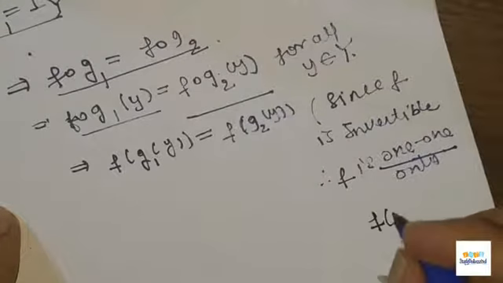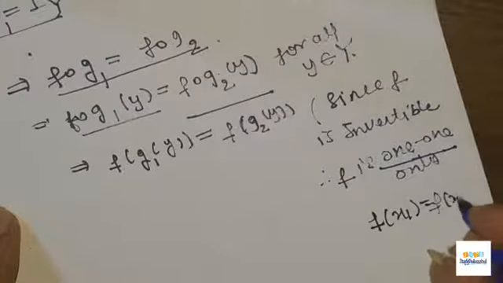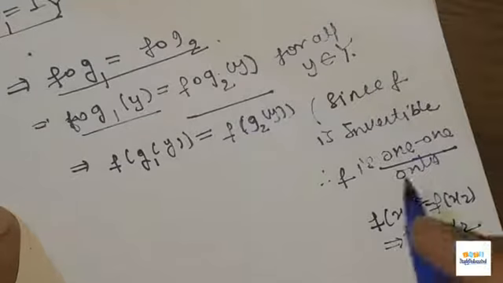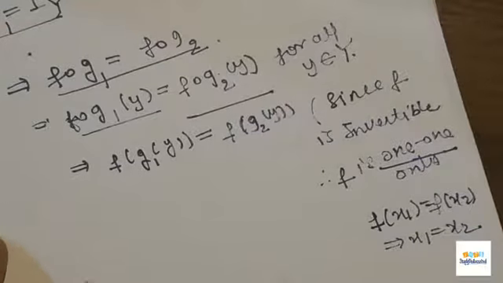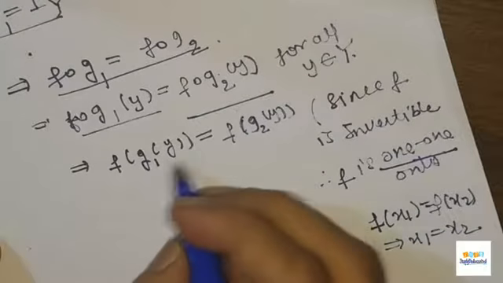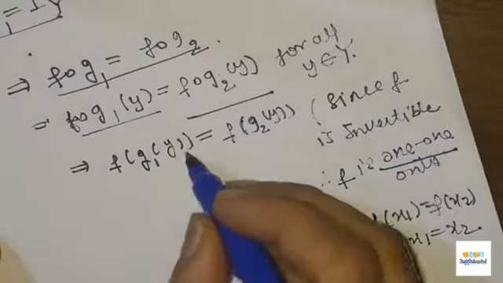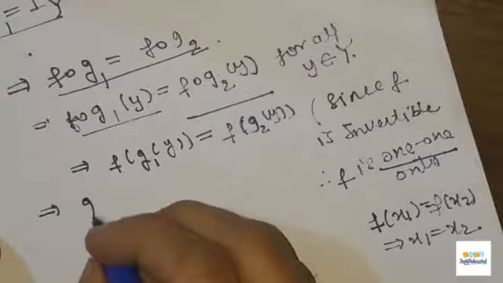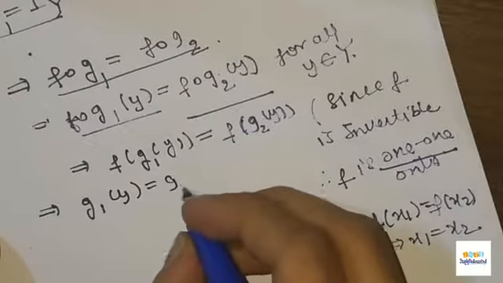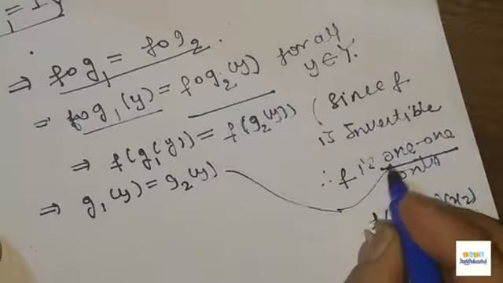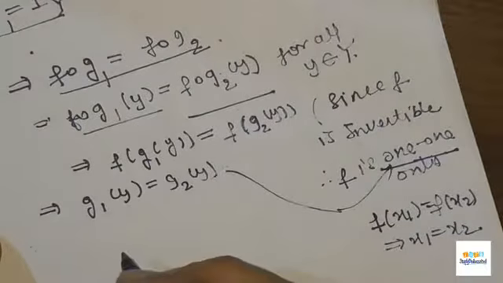So what will happen if fx1 is equal to fx2, that means x1 will be equal to x2, if f is 1-1, that you have studied, right? So now here x1 and x2 in this case are g1y and g2y. So what we will get is g1y is equal to g2y, again simply because f is 1-1.